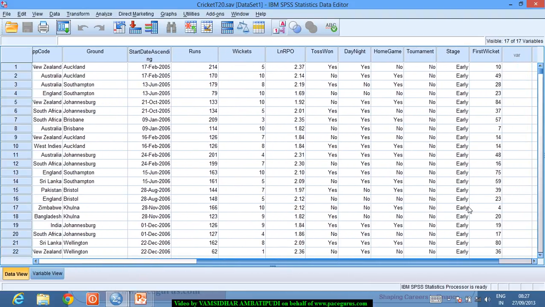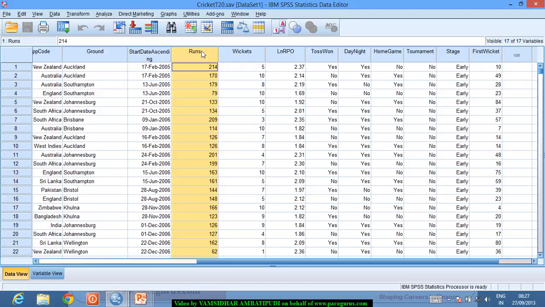Yeah, first we get the partnership column, the first wicket partnership, and probably the total runs. I want to see whether there is any kind of uniformity in the differences between the first wicket partnership and the total runs scored.